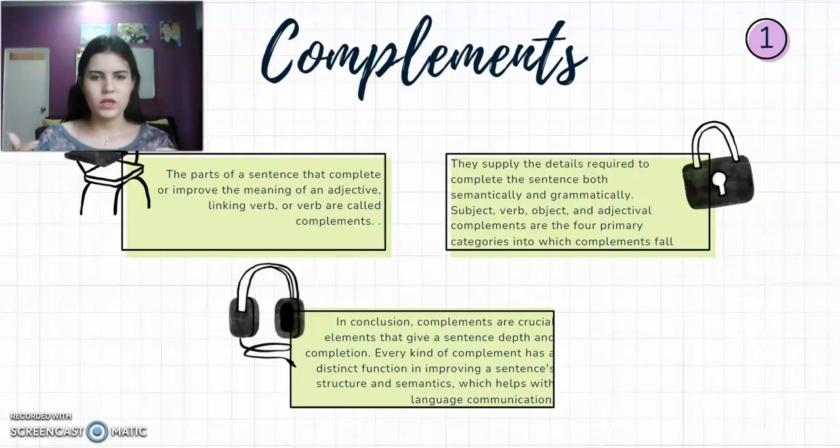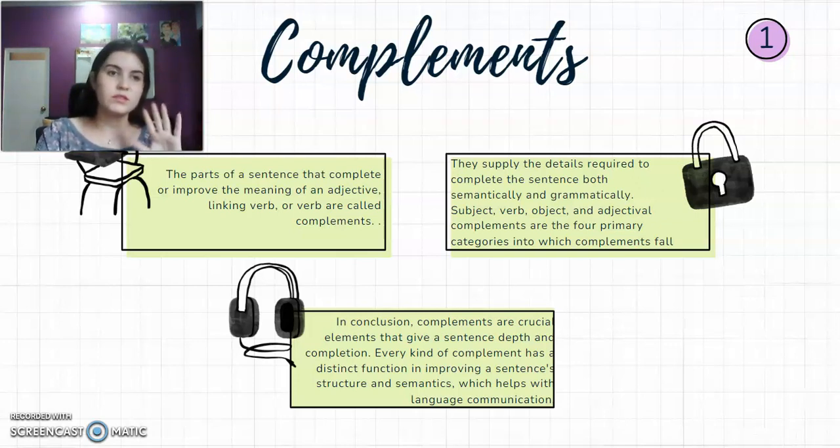Also, complements give the sentence another meaning, changing it semantically and grammatically, so that they supply the details required to complete the sentence, both semantically and grammatically. They could be subject, verb, object, and adjectival.